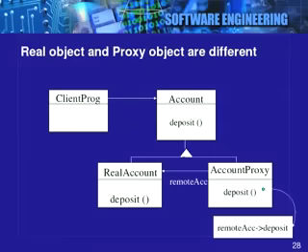Now this could be over the network. So the client is unable to distinguish between the real and the proxy because both of them look the same. Both of them follow the super class which is common. The real account implements it actually, the actual deposit will be implemented here, and the balance will be maintained in the real account. The proxy simply sends the calls to the remote object and the results are returned to the client. So this is an interesting solution for a distributed object system, which is called proxy.